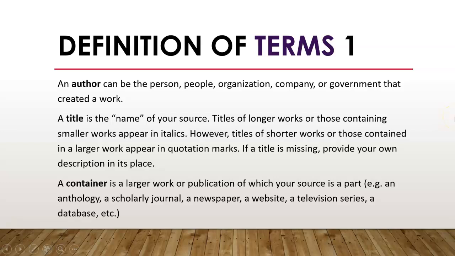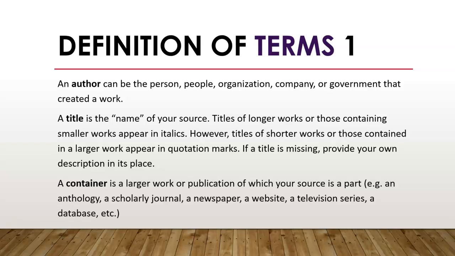Since this can be overwhelming and a little bit vexing, here are the terms of citing things in MLA defined for you. Feel free to pause on this page or the next one or the next one. There are quite a few terms to get a grasp of what you're looking at, piece by piece for your citations. An author can be the person, people, organization, company, or government that created a work.